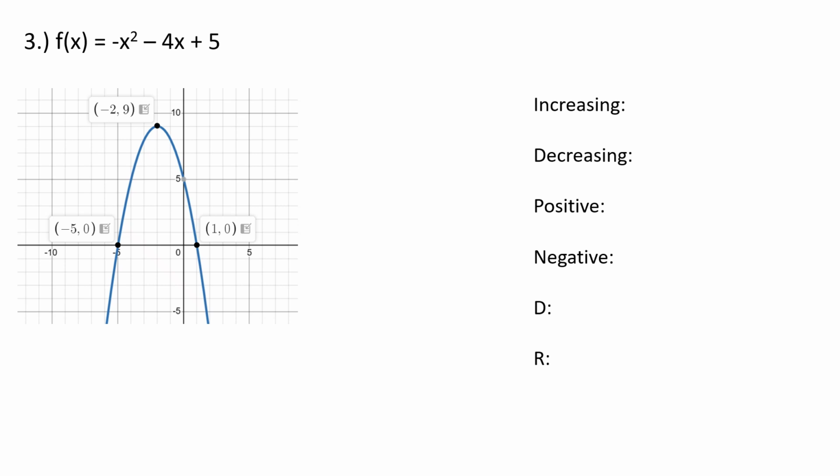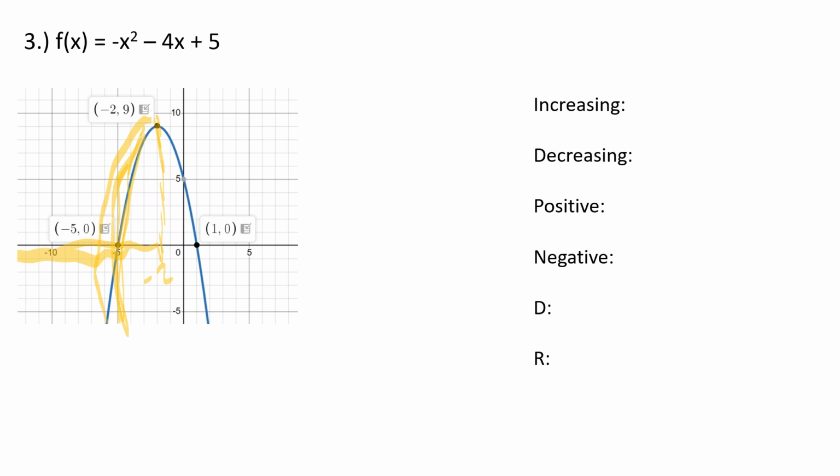All right, last one, increasing. Okay, so increasing is this piece right there. And it increases all the way to the -2. So it's that left-hand side. Sorry, that is so messy. I will erase it.